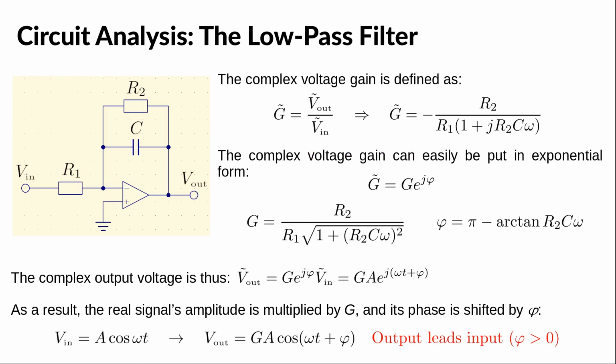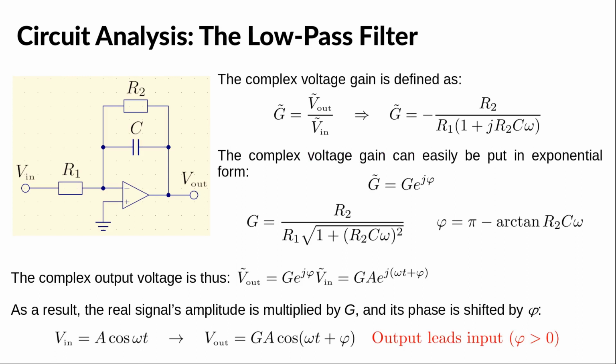Now we can define the complex voltage gain as the ratio of the complex output voltage to the complex input voltage. So G tilde is given by minus R2 over R1 times 1 plus jR2C omega.